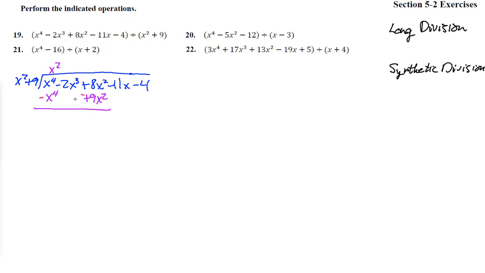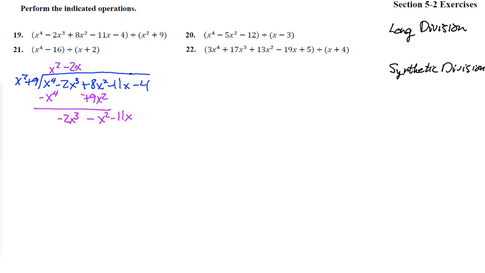So subtract, and what do we get there? This one just comes down as a negative 2x cubed. This is 8 minus 9. That's a minus 1x squared. And then we bring that guy down as a minus 11x. All right. So x squared goes into negative 2x cubed, negative 2x times.